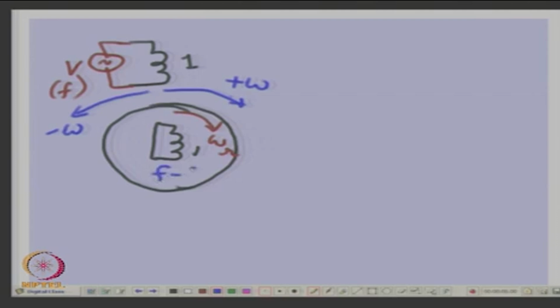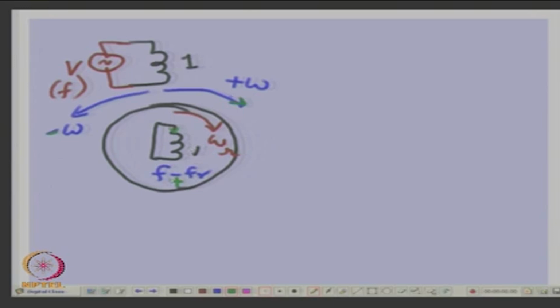F minus Fr due to one field, and another will be F plus Fr due to the other. So plus omega will give you minus Fr, and minus omega will give you plus Fr. There will be currents induced in the rotor winding.